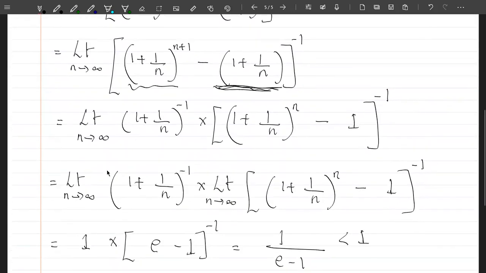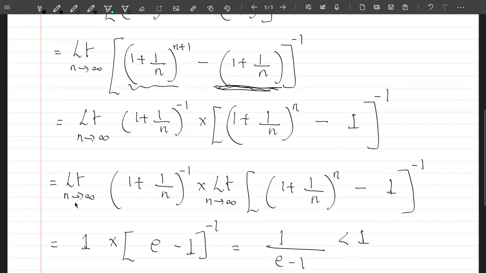So now let's solve this limit. So I get limit n tending to infinity (1 plus 1 by n) power minus 1. What I have done is I have split the limit here. So this limit value I have to calculate into limit of (1 plus 1 by n) power n minus 1, whole power minus 1.